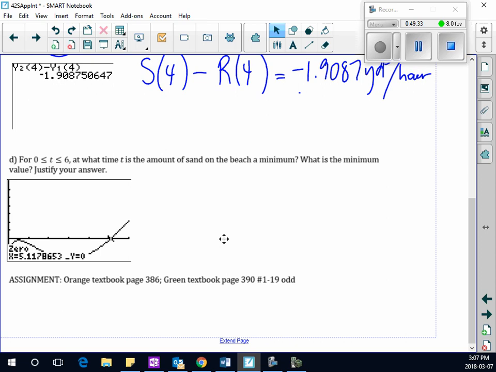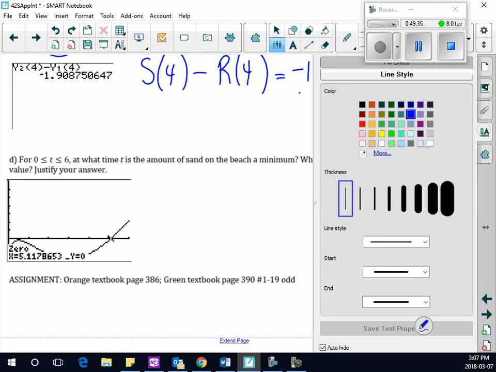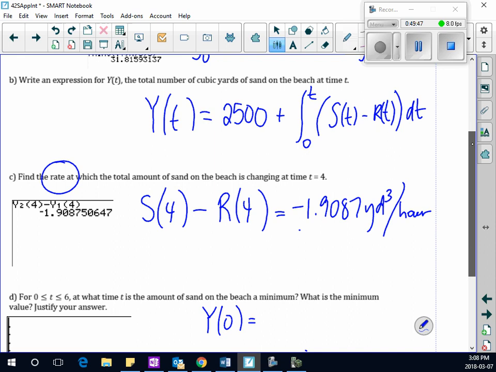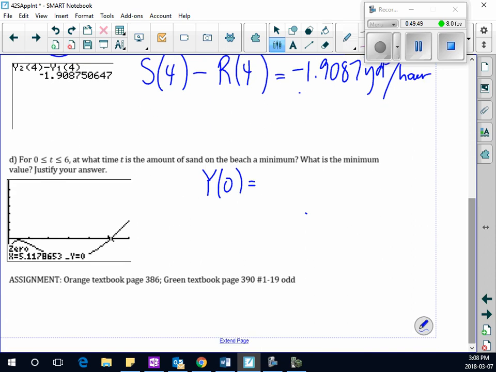So y of 0 is what amount? Remember, this was our thing here. It was 2,500, right? And then now we need to figure out y of 5.1178 and so on. Do you remember how to keep this number so it's exact?